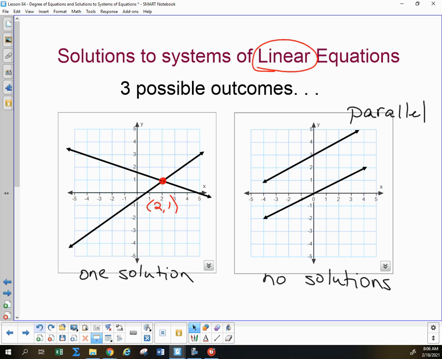Now there's one other thing that could happen. I give you two linear equations. Anybody remember what else might happen? James? Those still cross at one point. It's a special case of the crossing at one point. So let me get a couple of lines up here.